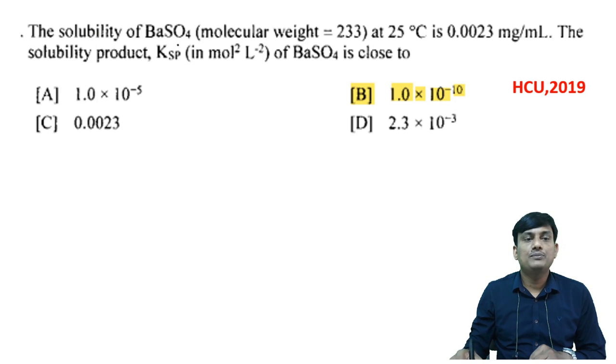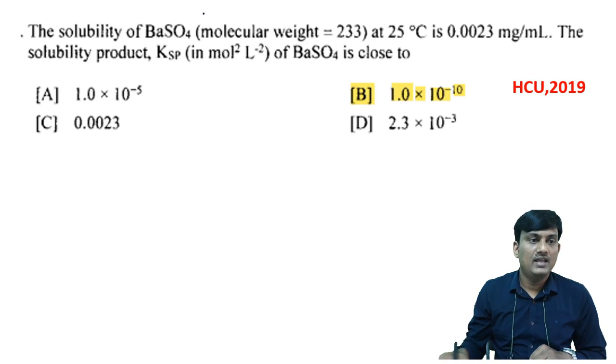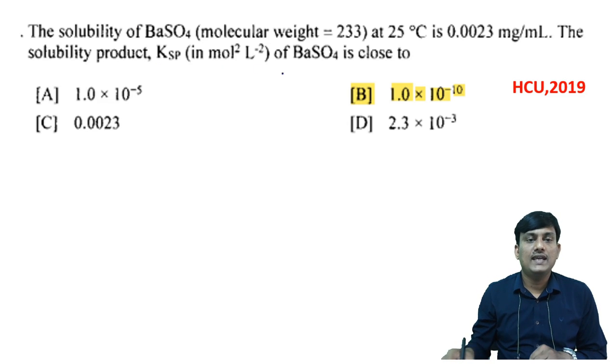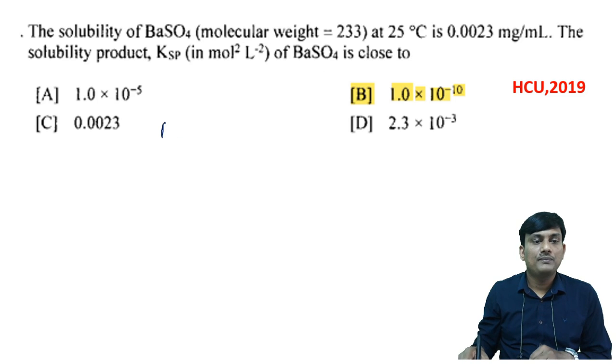The solubility of barium sulfate at 25 degrees centigrade is 0.0023 mg per ml. The solubility product Ksp of BaSO4 is close to. Here, barium sulfate dissociates into Ba2+ and SO4 2-.